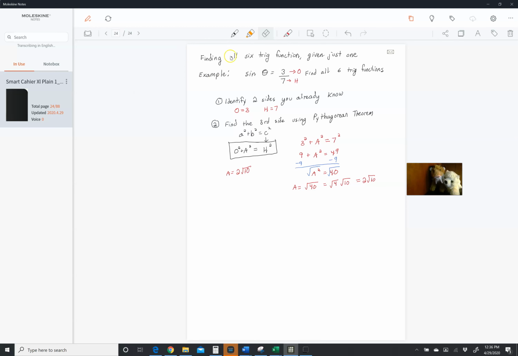Okay, the third thing is now we just write out each trig function. And there are 2 things that you have to remember to do.